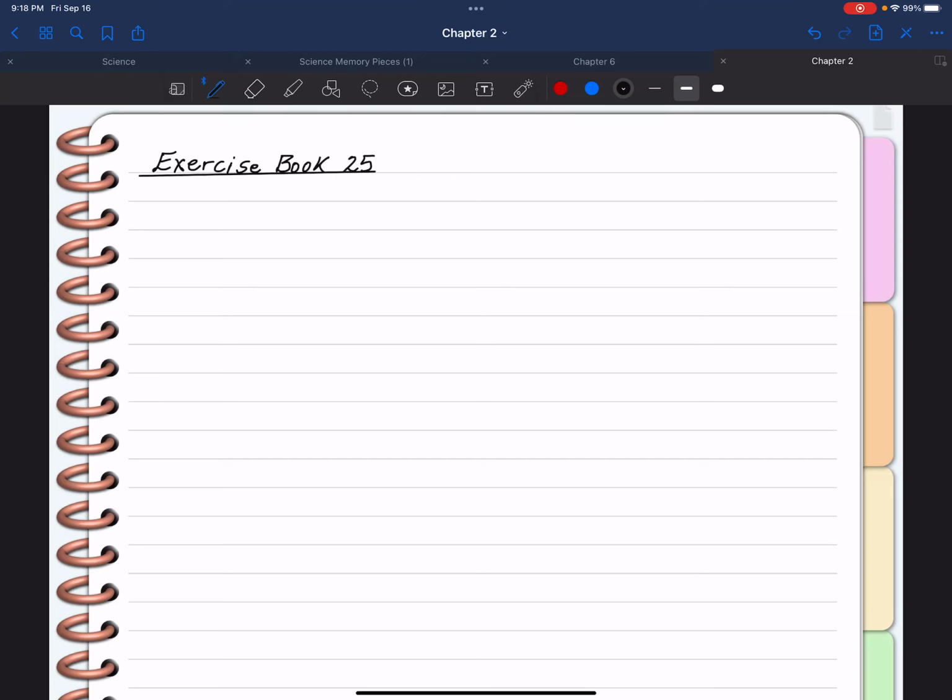I am in the exercise book on page 25, and we are reviewing lesson 2.2, starting with the skill of finding a percent of a number. It tells me that questions 1 and 2 are based on the information in the table below.